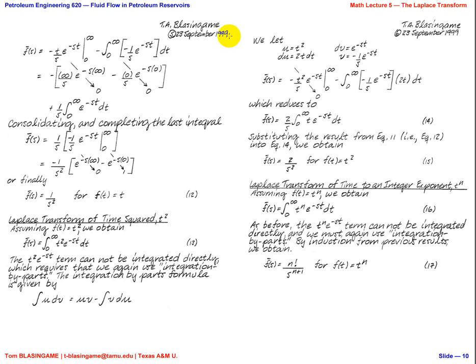We also agreed that for the case that n is arbitrary or real, not necessarily an integer, you can say that if f of t is t to the power v, in the Laplace domain this is going to be the gamma function of v plus 1 over s power v plus 1.